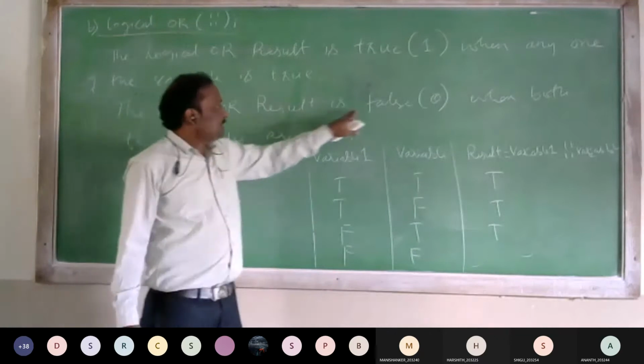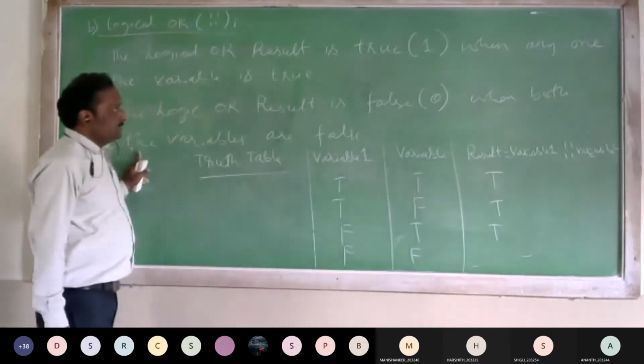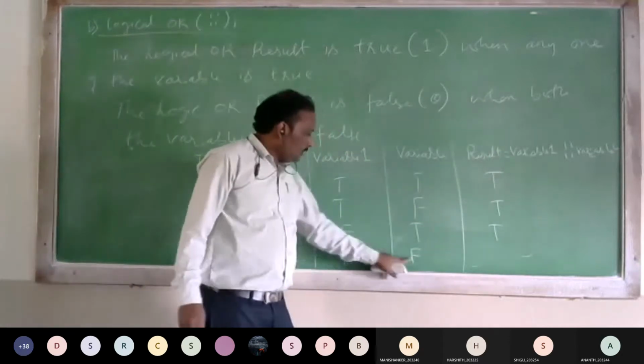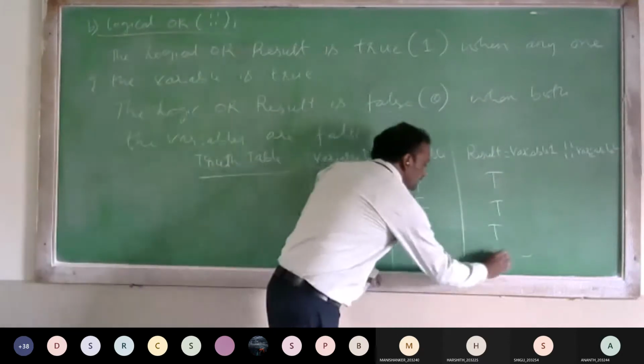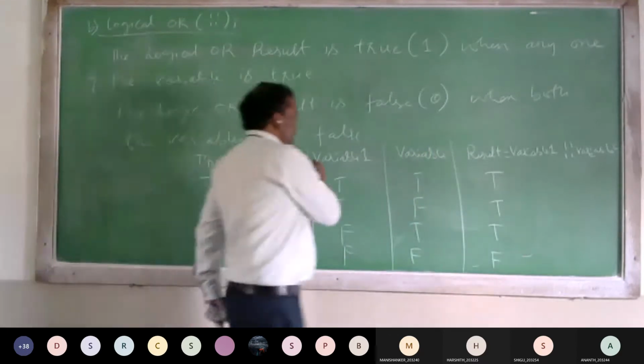Now, the logical OR result is false when both the variables are false. False or false, we write the result as false. So, this is the truth table for logical OR.